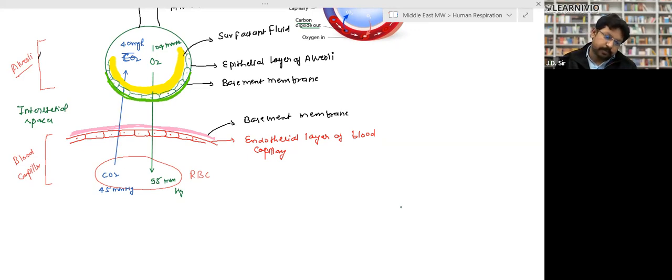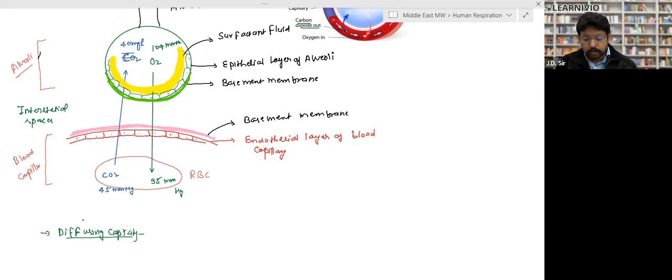Next point is diffusing capacity. What is diffusing capacity? Note it down. The respiratory membrane has a limit; beyond that limit, it does not have the capacity for exchange of gases.